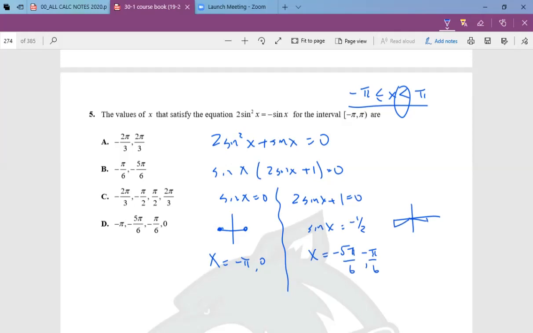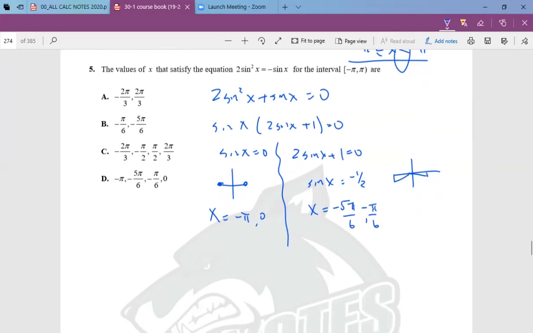And that's going to be it. Altogether, x equal to -pi, going from left to right, -5 pi over 6, negative pi over 6, and 0. That ends up being our answer, D. And that's it.